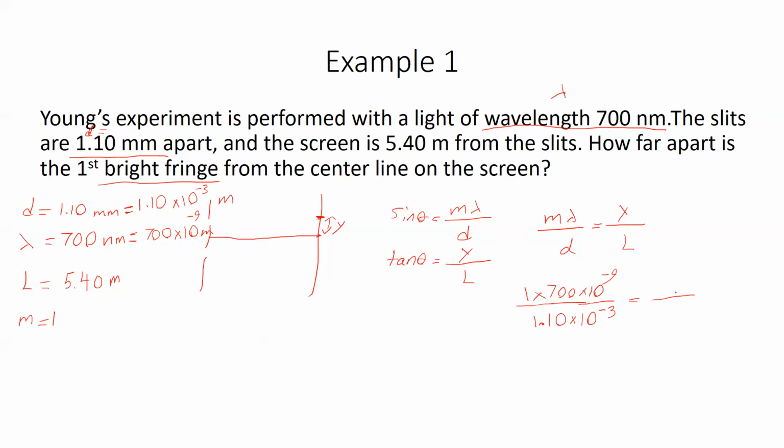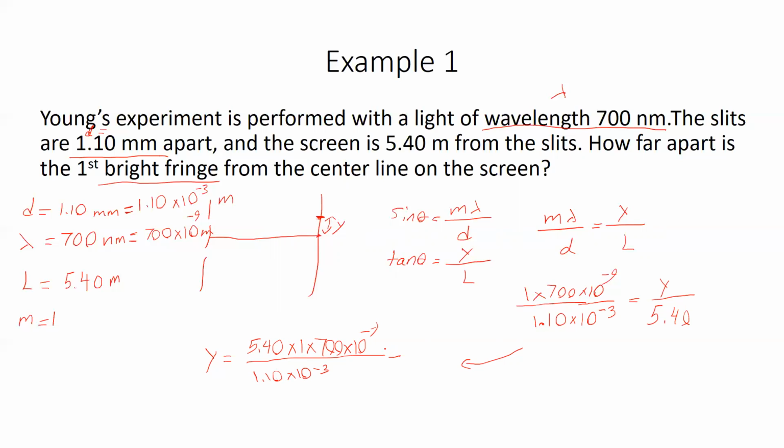Then y is what we want to find, and L is equal to 5.40. As a result, if I calculate, y equals 5.40 times 1 times 700 times 10 to the power of minus 9 divided by 1.10 times 10 to the power of minus 3.